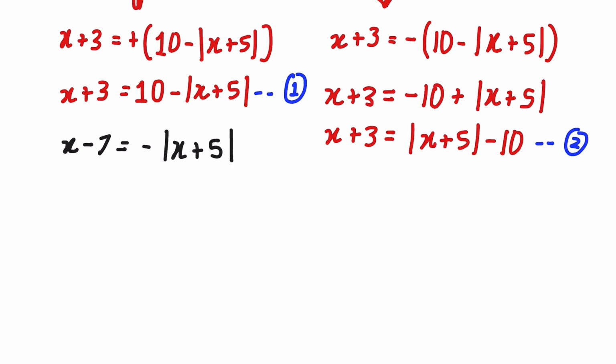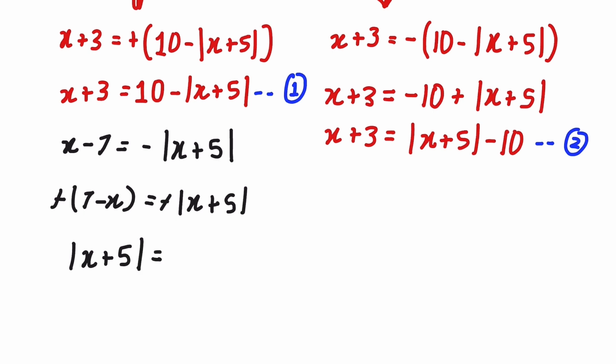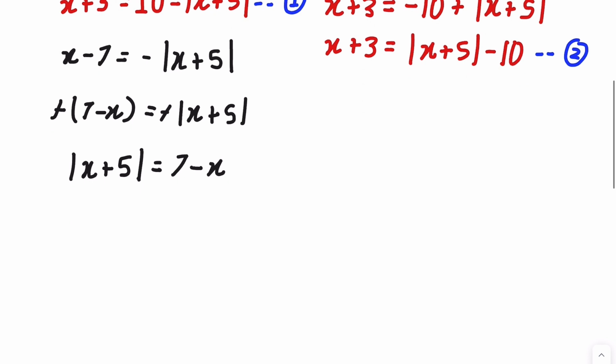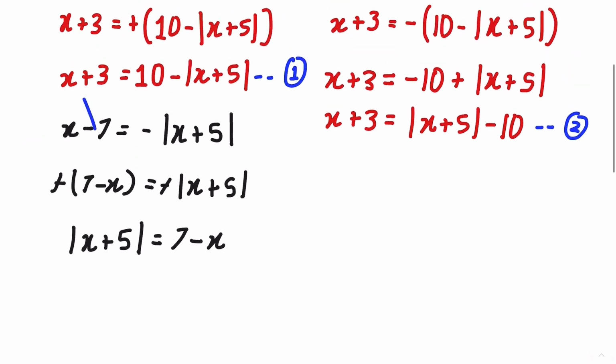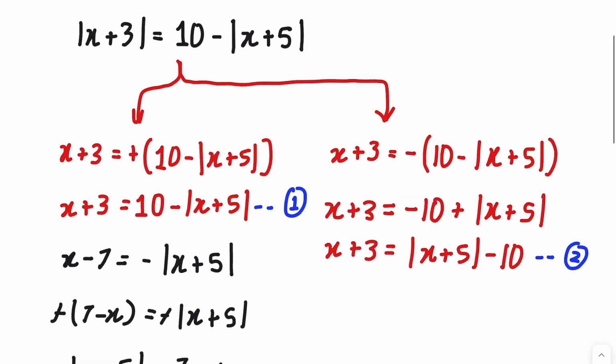That is similar to 7 minus x equals negative modulus of x plus 5. The minus will cancel with the minus, so we have modulus of x plus 5 equals 7 minus x.